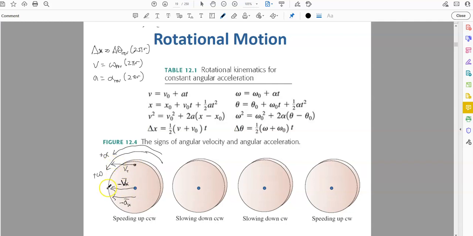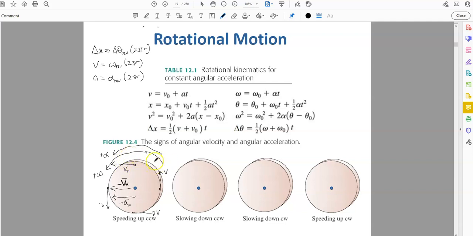If this dot was here and the wheel was rolling counterclockwise, it would then be pointing down. And over here, this dot would be moving to the left, again at the same speed as the entire wheel, because it's at the circumference. And this velocity would then be going up. So that's the relationship of the tangential velocity vector to the overall velocity of the wheel itself. They're actually the same thing as long as this dot is at the circumference.